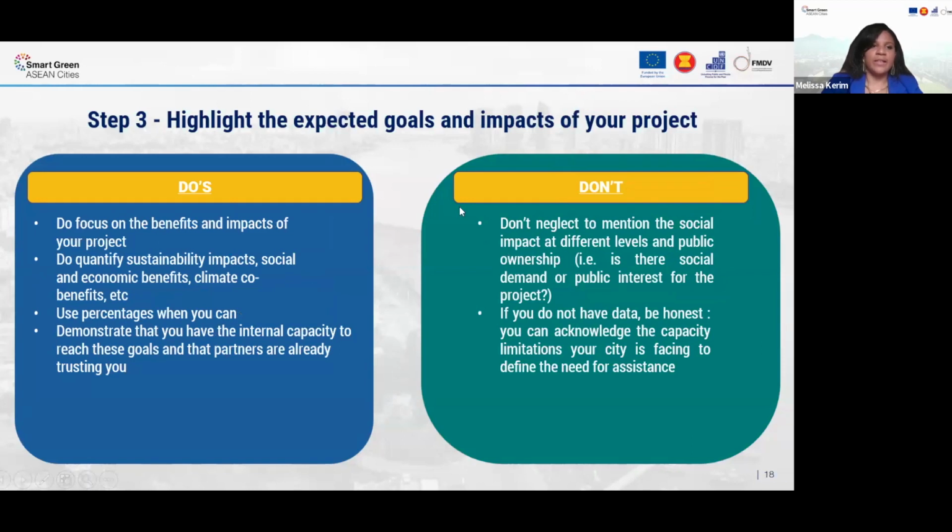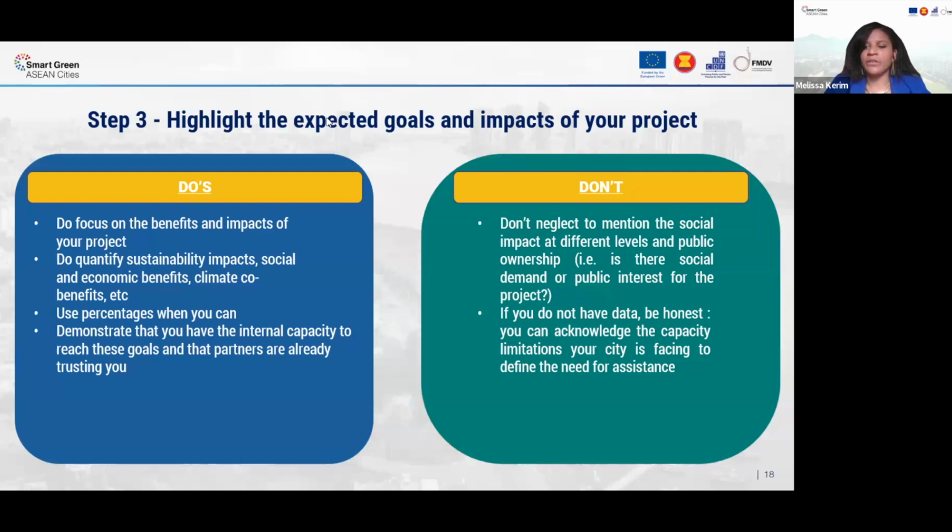If you go to the next slide, the third step is to highlight the expected goals and impacts of your project, not only for your cities, but also more broadly. These impacts are not only economic benefits, but also social and environmental impacts.